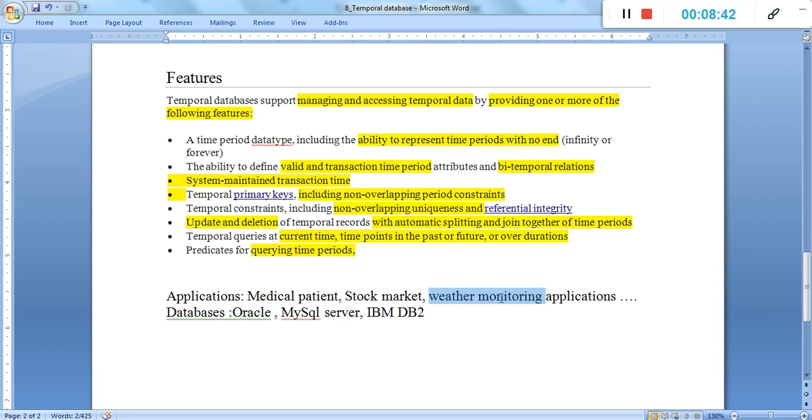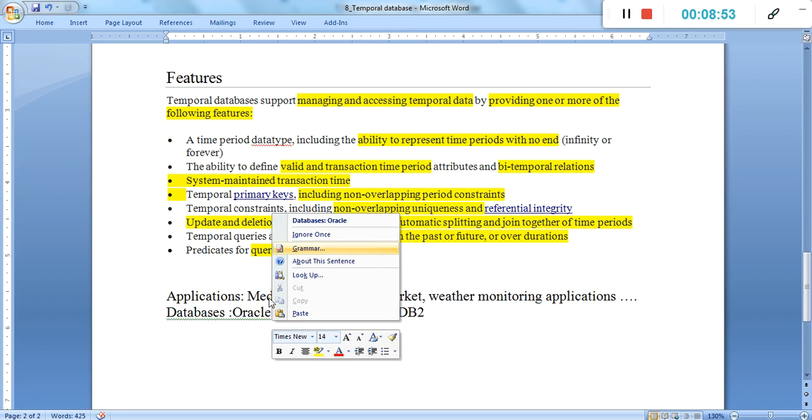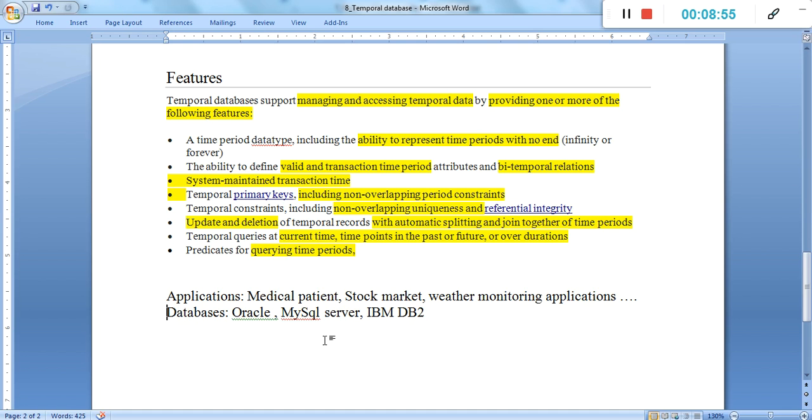Then weather monitoring stores the daily weather data. Then the databases that are temporal databases: Oracle, MySQL server, or IBM DB2.